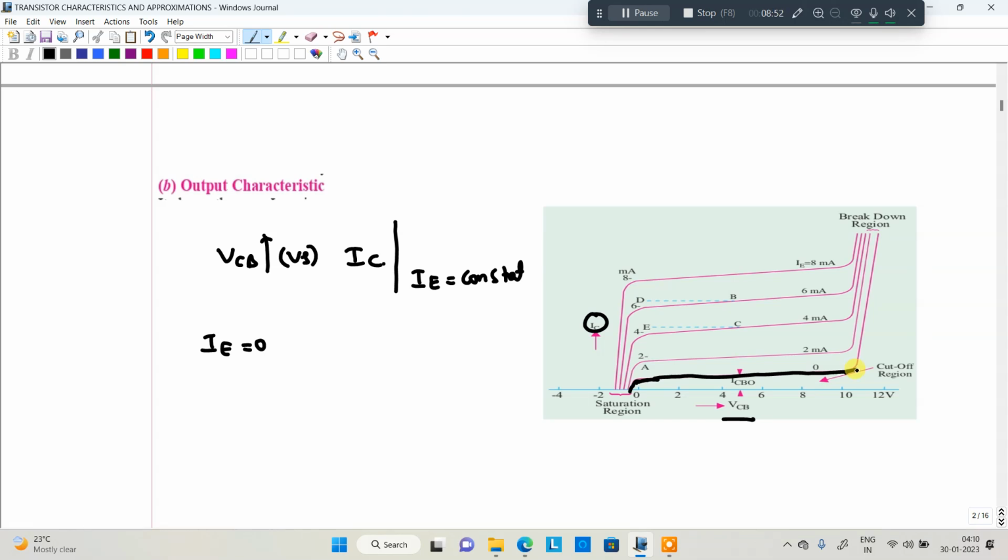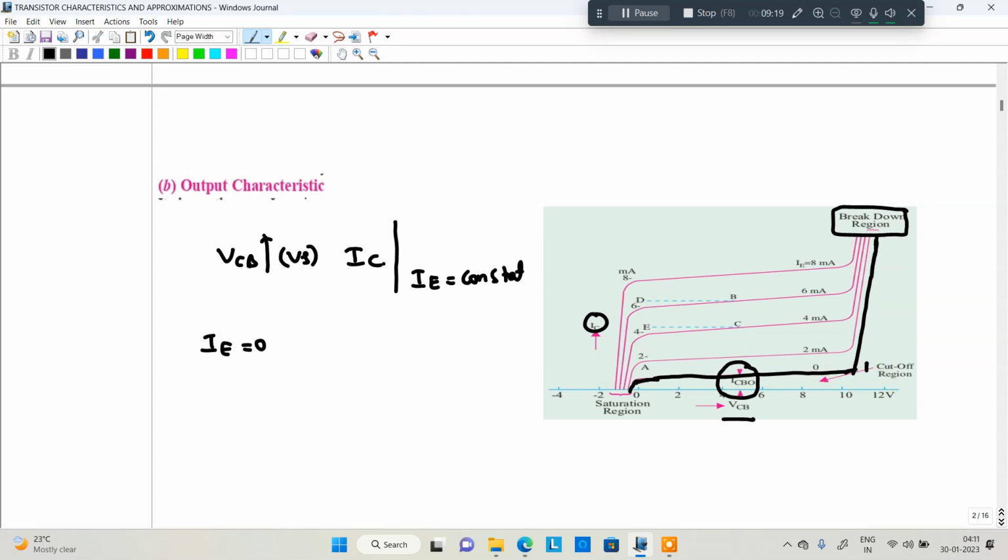Once you exceed that VCB value, the transistor is going to be conducting. It is going to enter the breakdown region. Got my point? That means you can apply up to a safe value, only before the breakdown value. Whenever IC is equal to 0, what about this current? That particular current is the leakage current.